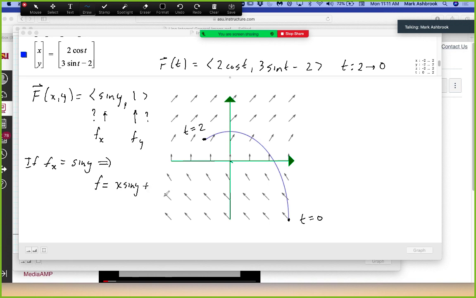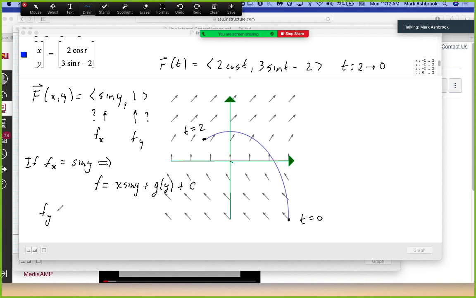plus possibly some function that contains y, just y, because that would go to 0, plus a constant, right? So from the perspective that sine y is the partial derivative with respect to x, we're looking at x sine y plus g of y plus c.